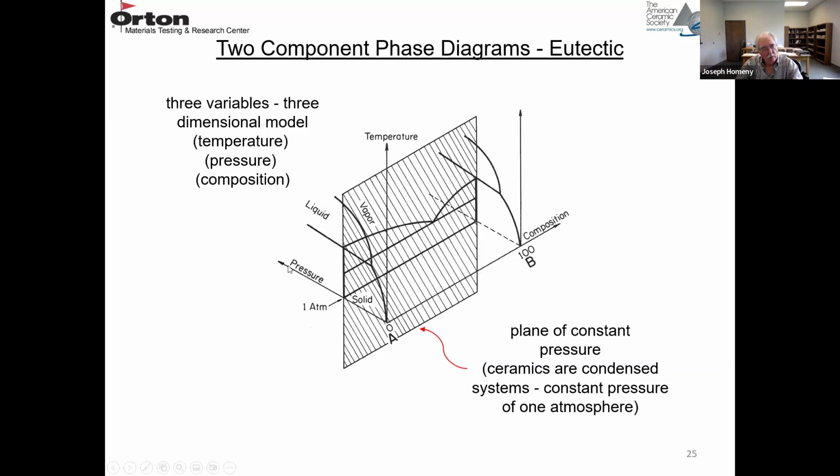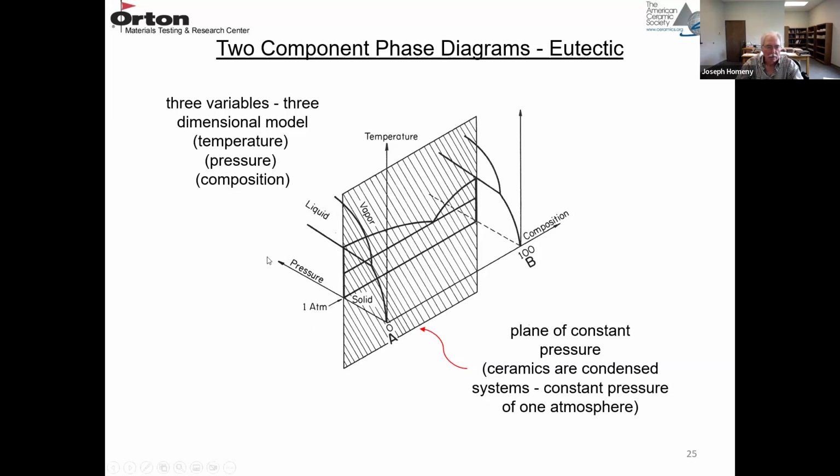And then pressure, this plane is a plane of constant pressure at 1 atmosphere, so this crosshatched plane. So we're dealing with condensed systems, refractories are ceramics, and we're looking at a constant pressure of 1 atmosphere. So we take this plane as 1 atmosphere and we eliminate the pressure component on the two component diagram.